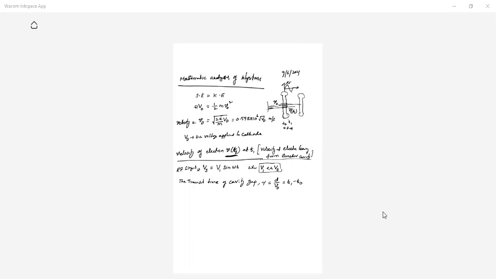In that Buncher cavity gap, due to the variation of the electric field from the RF signal, the electron will experience velocity modulation. To find V of T1, first we need to find the average voltage in the gap of the Buncher cavity due to this RF signal.